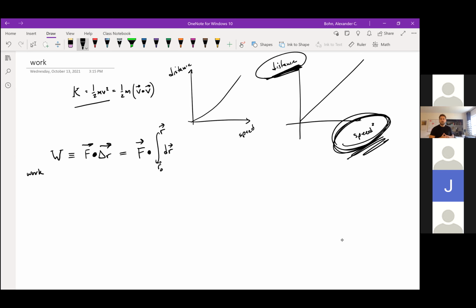There's no problem here. This equal sign is real. If the force isn't changing, then the sum of all the very, very, very small displacements is just the overall interval displacement. But what if the force changes?